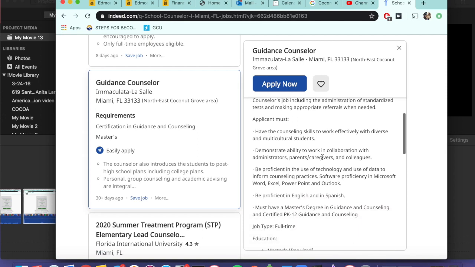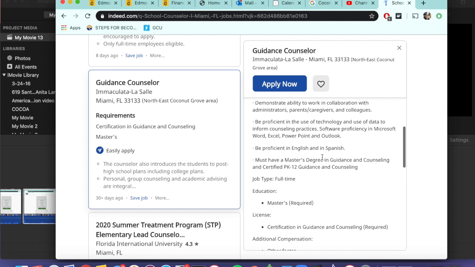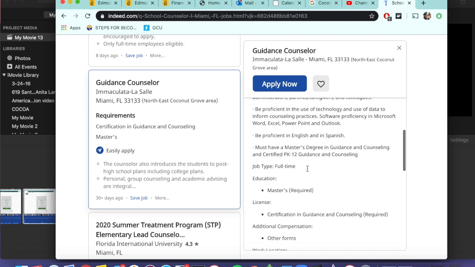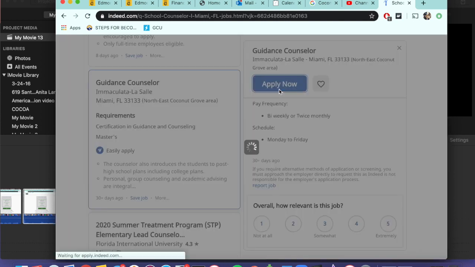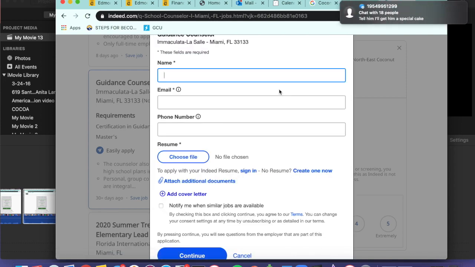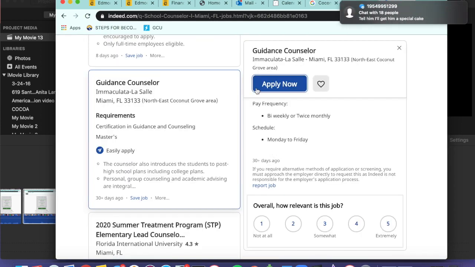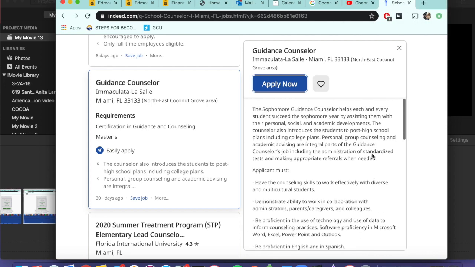We have to look for the requirements. Here it says that I must have a master's degree in guidance and counseling. Now I'm going to go to the website and see if I can find the job and the payment. When I try to click it, it won't let me open up the job, so I'm just going to use this information here.